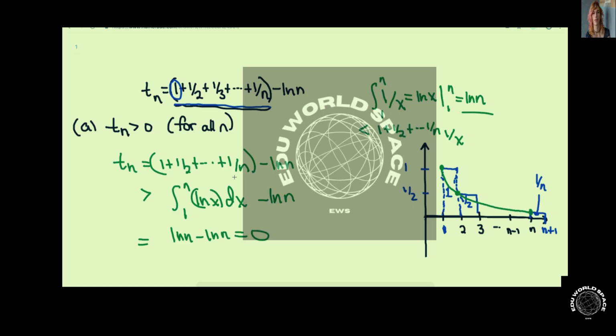And there we go. As a consequence of our work here, we have Tn larger than 0. And that resolves part A.